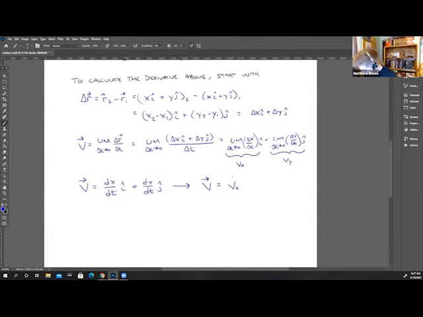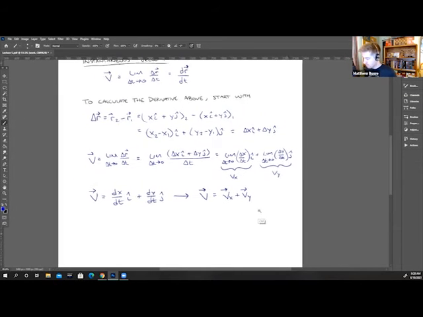So it's equal to the velocity specifically in the x, horizontal direction, plus the velocity specifically in the vertical direction. The total velocity is made of its two separate parts added together. This is a useful thing to remember, maybe highlight.